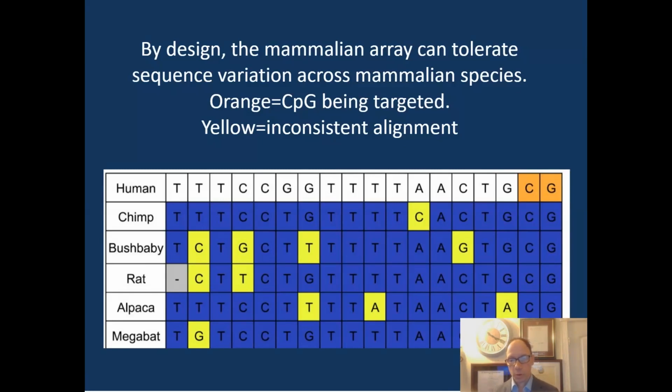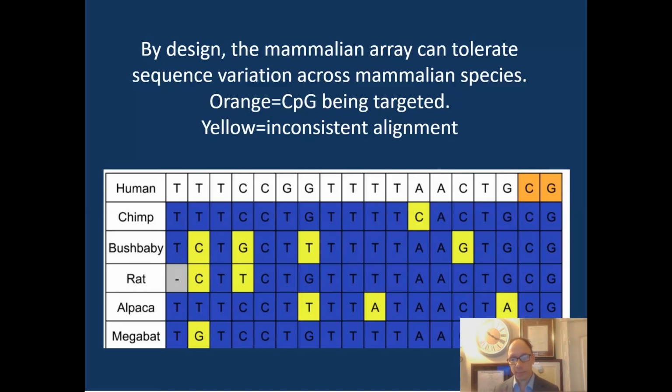But if we want to use the same oligonucleotide for other species, we need to build in tolerance to mutations. For example, in chimps, you see the yellow letter C is different from the original nucleotide sequence.